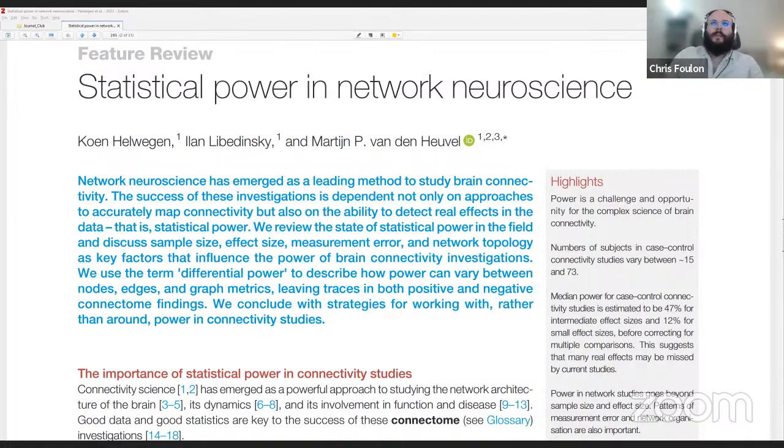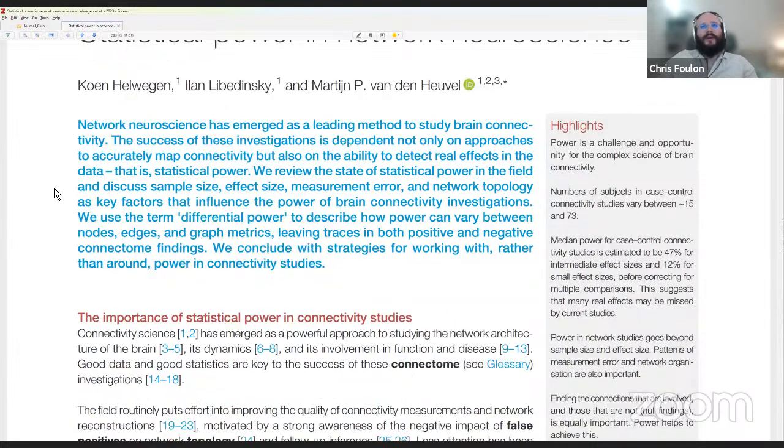Yeah, I found this paper about the controversial topic of statistical power in network neuroscience. It's been discussed quite a bit since fMRI basically, but it's not only about fMRI, it's also about any kind of connectivity studies. So also structural connectivity.